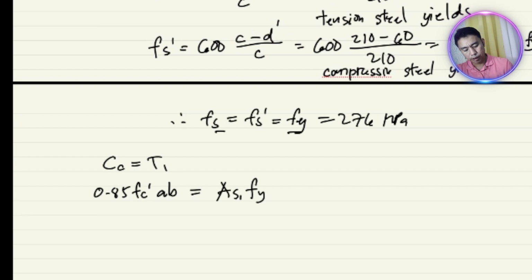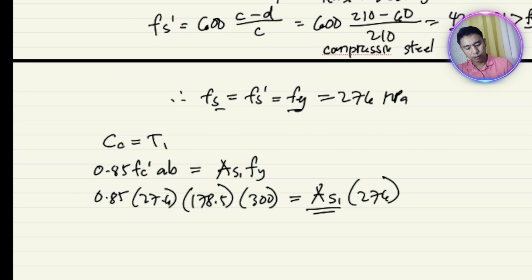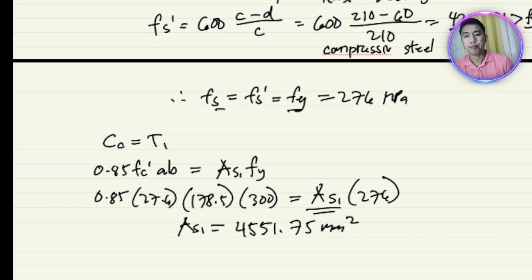So, this is 0.85 of fc prime, 27.6 times a, 178.5 times b of 300 should be equal to As1 times 276. From here, we can solve As1, where our As1 is equal to 4551.75 mm squared.